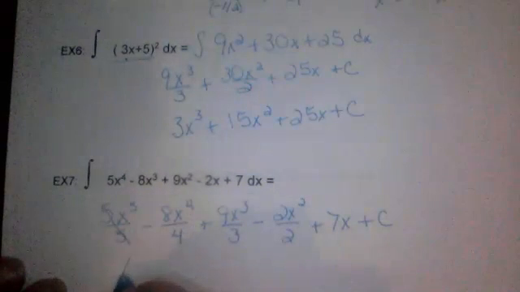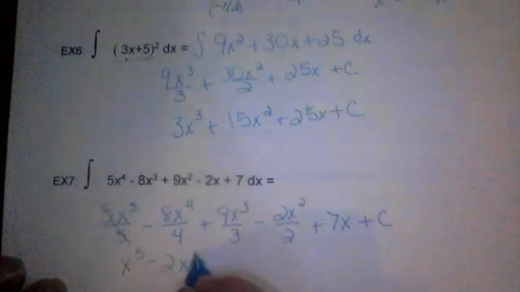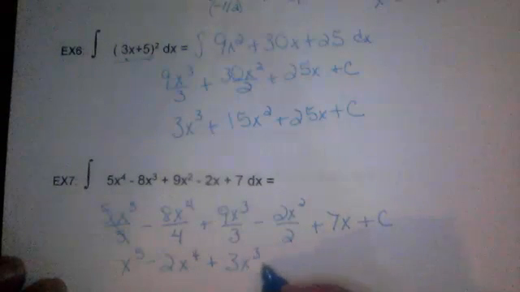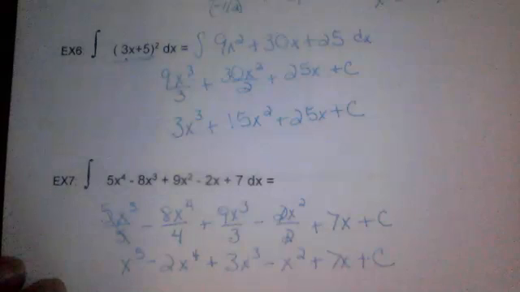So this reduces. We have x to the 5th minus, these reduce to 2x to the 4th plus these will reduce to 3x to the 3rd minus these reduce to 1x squared plus 7x plus c.